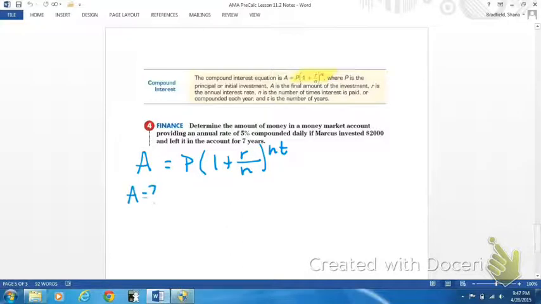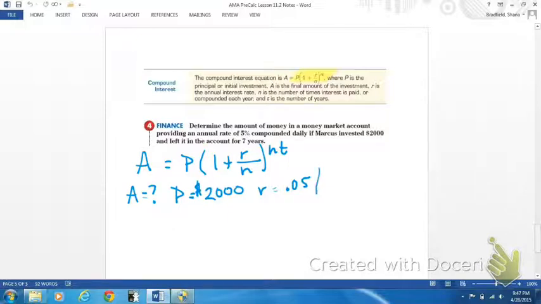So we want to find out what A is for this problem. The principal is the original amount invested, and that was $2,000. And let's see, the rate is 5%. I'm going to go ahead and change it to a decimal, 0.05.